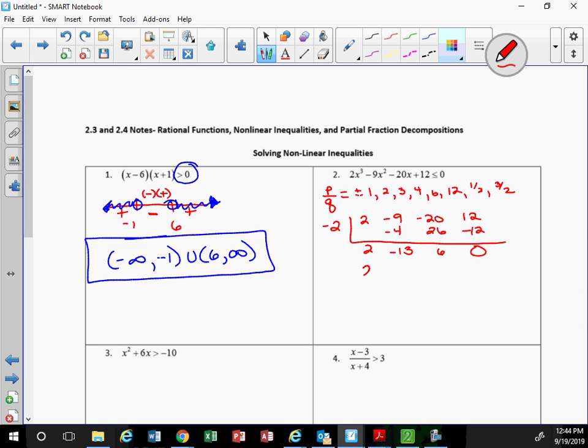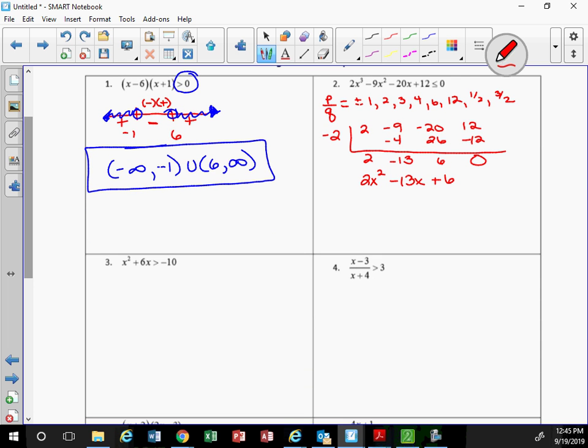All right, so now I have 2x squared minus 13x plus 6. Could I continue factoring that? Hopefully we can factor that one, right? 2x, x, how about -1 and -6? Are we okay with that? Okay.